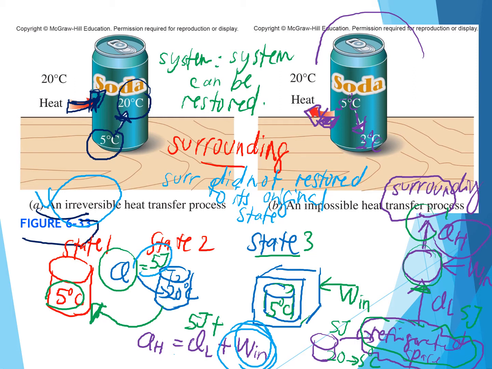Obviously no, right? Because you need to put this soda in a refrigerator that requires some work input in order to reduce the temperature. You cannot release it naturally. Okay.